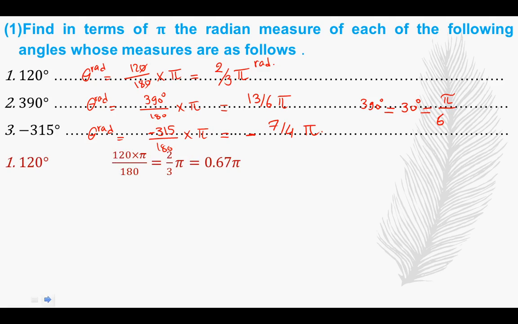Here is the solution for this example. 120 equals 120 over 180 multiplied by pi, which equals 2 over 3 pi, or you can write it as 0.67.